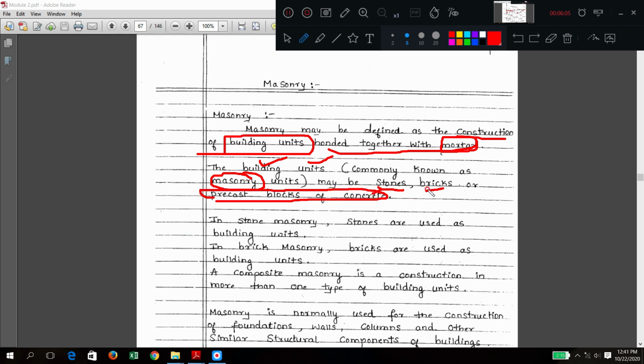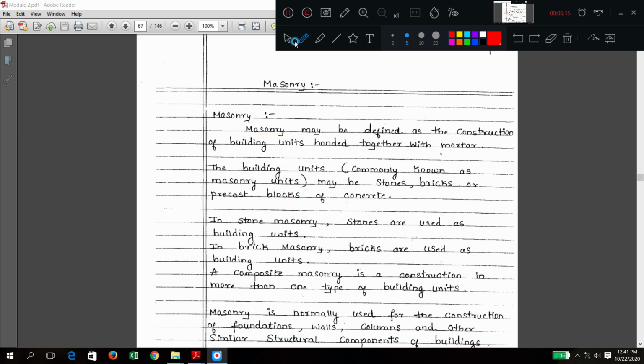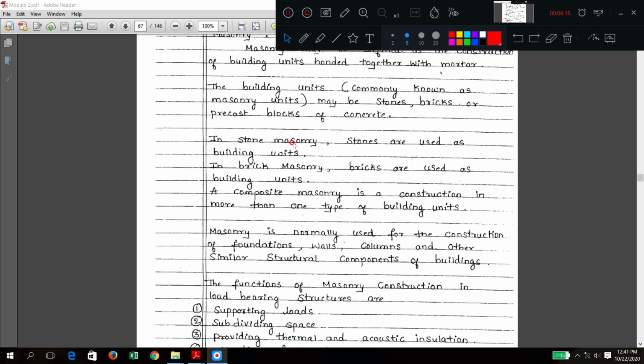All the properties we have studied in module 1. In module 1 we have studied stones, bricks, blocks, etc. Stone masonry is generally constructed using stones. Brick masonry is generally constructed using bricks. Another one is composite masonry, meaning two or more types of units are used: stone plus brick, stone plus brick plus concrete block.